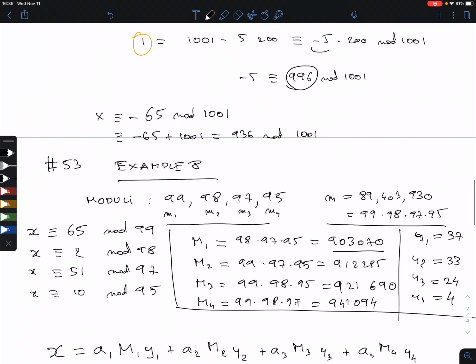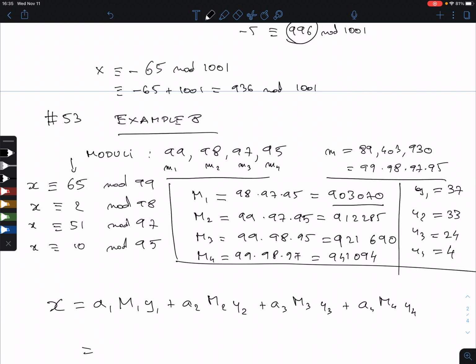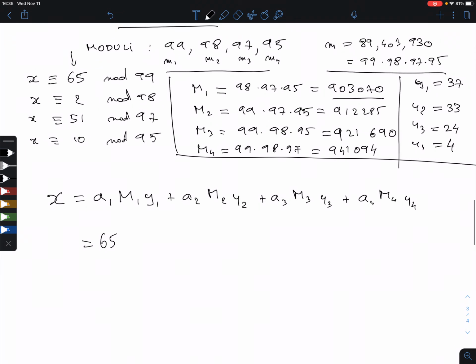Remember, these are the a's here, right? So this is 65, the first of the a's. Capital M1, that's the big number, 903070. y1 is 37, that's not so bad, plus a2.